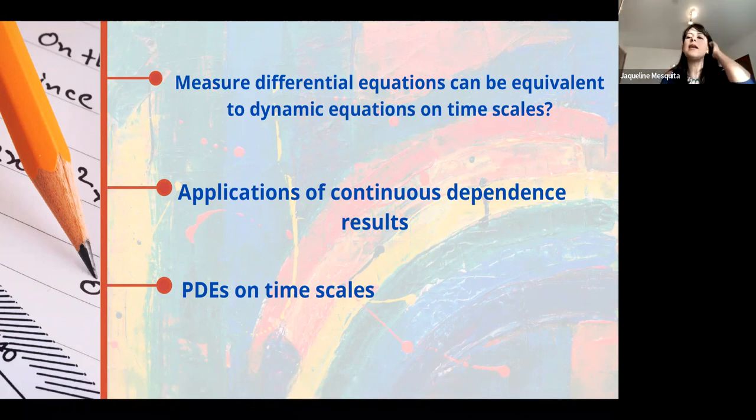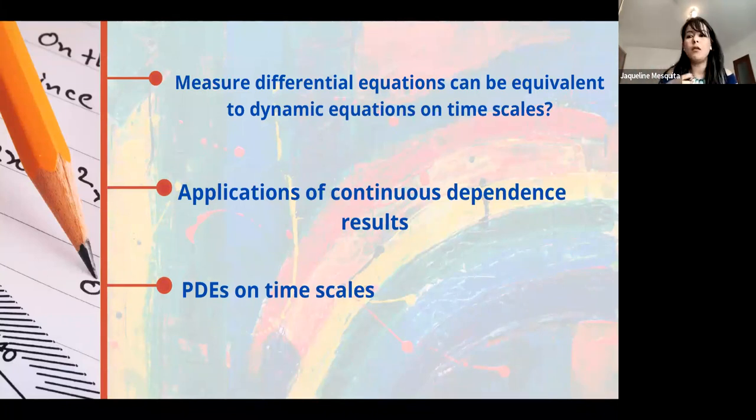Also, something that would be interesting to think about, and here I brought this question because I know that there are a lot of people working in partial differential equations, is how maybe to relate this with time scales. There are some people that work with partial dynamic equations on time scales, and in that sense, they encompass both cases.